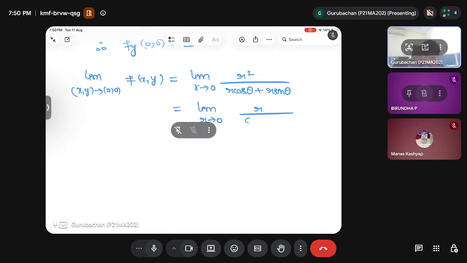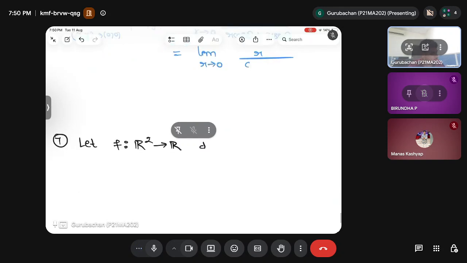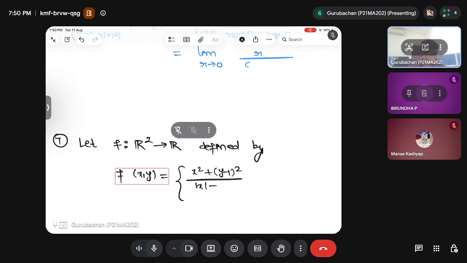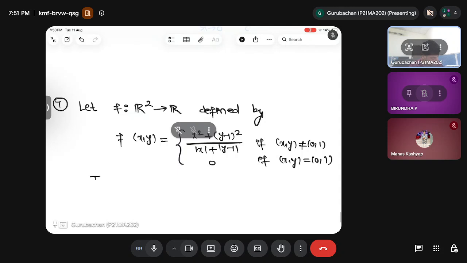Question number 7. Let f be a function from R square to R defined by f(x, y) = x square upon mod x, and 0 at (0, 1).